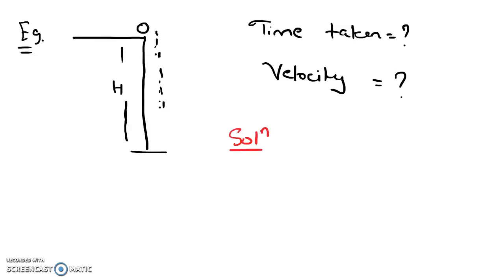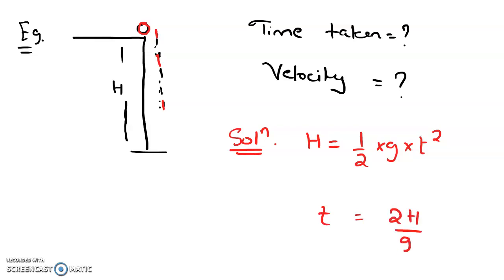So what is the time for the solution of that? Because it has been dropped, u is 0, so h is equal to half g t square. So time is nothing but root of 2h by g.